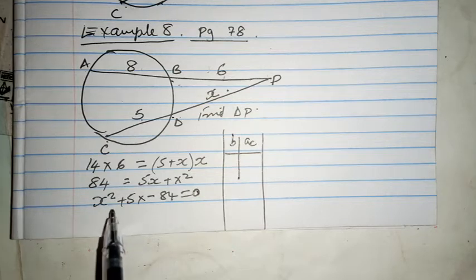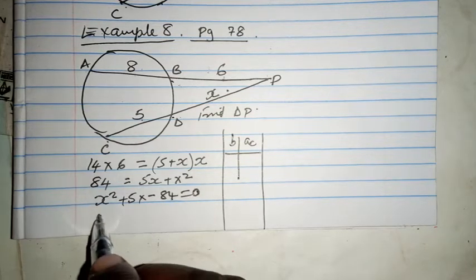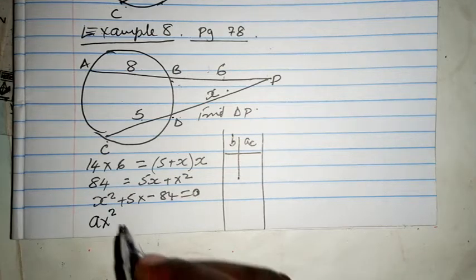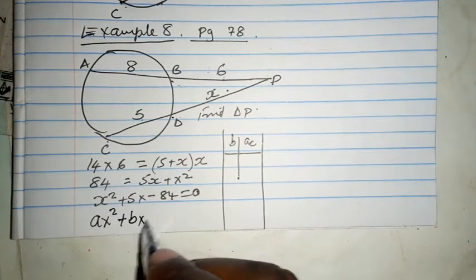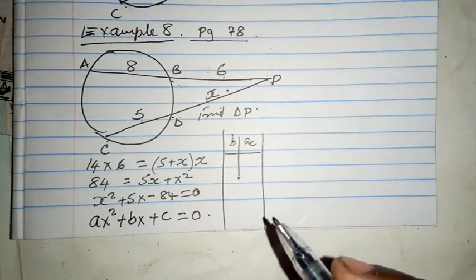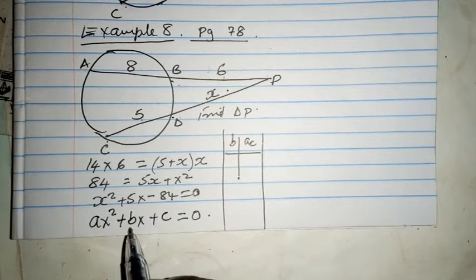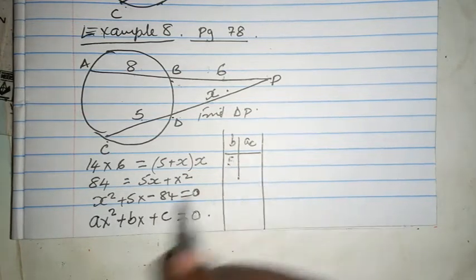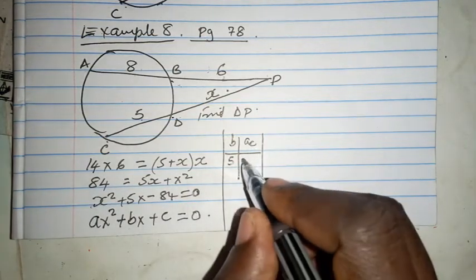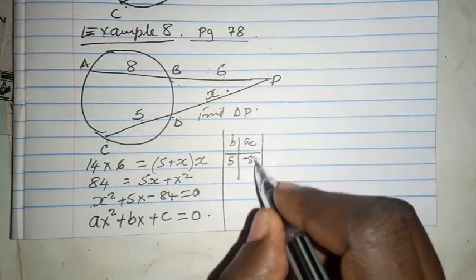The general format of a quadratic equation is ax squared plus bx plus c is equal to 0. Our b is 5, and our ac is 1 times 84, which is negative 84.